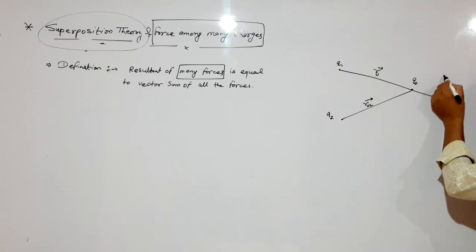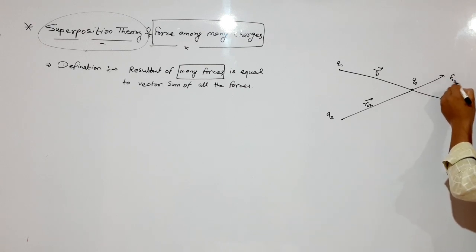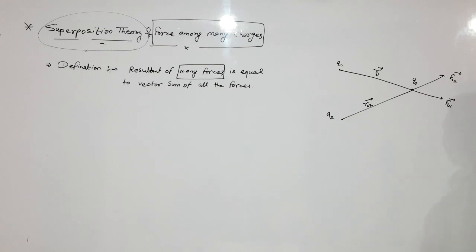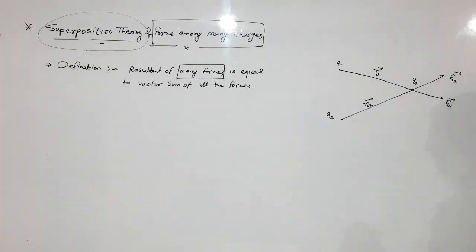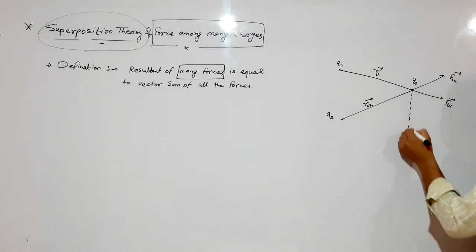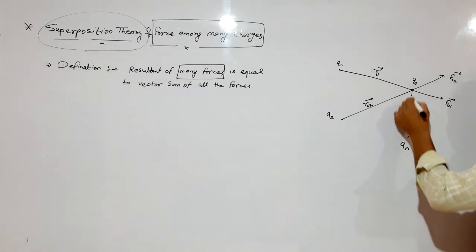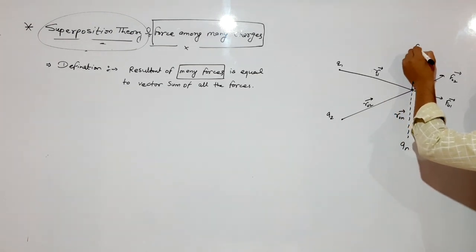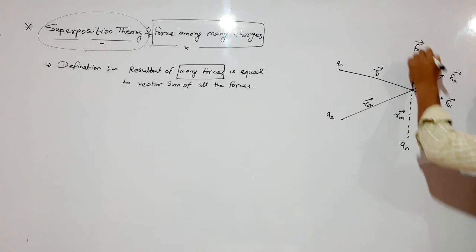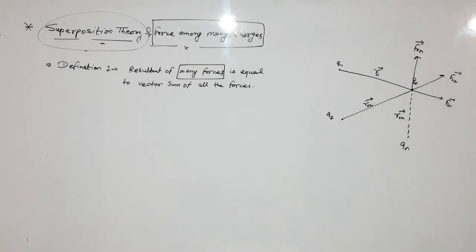Clear? Why do I write this type of position vector here? I will explain. If there are n charges, then the force is F naught n.